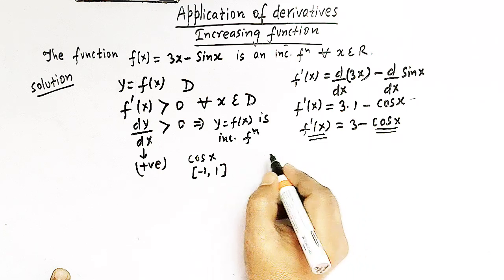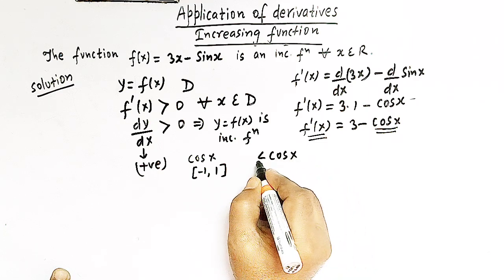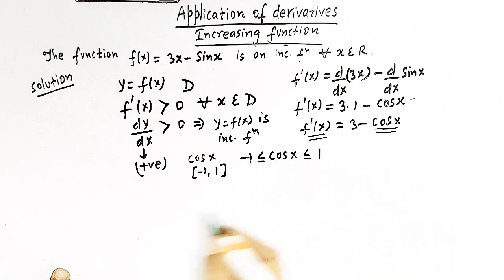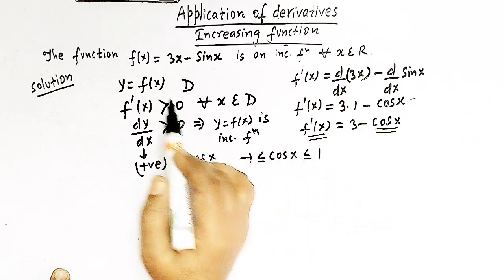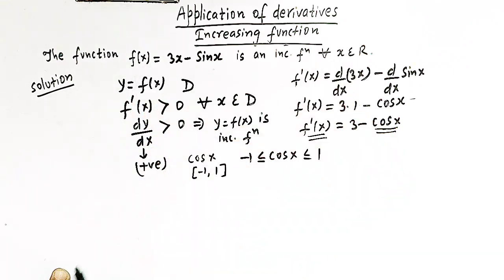So we can now write cosine x greater than or equal to minus 1 but less than or equal to 1. And remember here the domain of this function is the set of all real numbers, right?